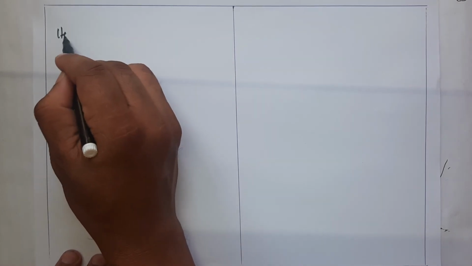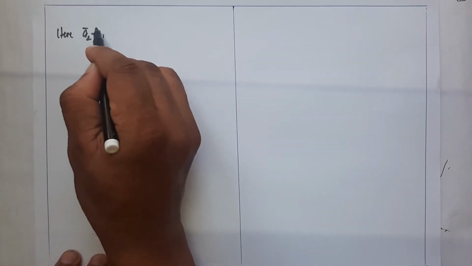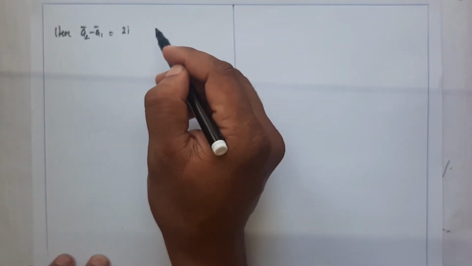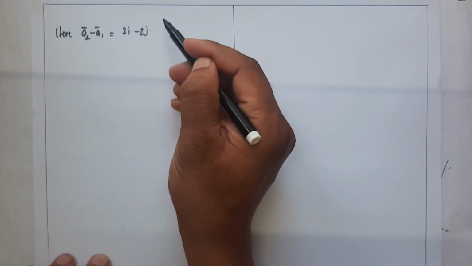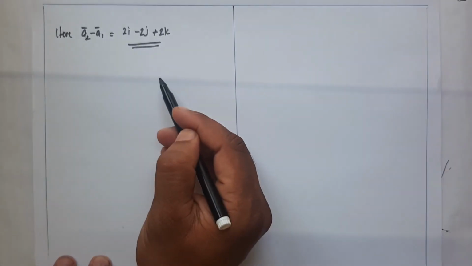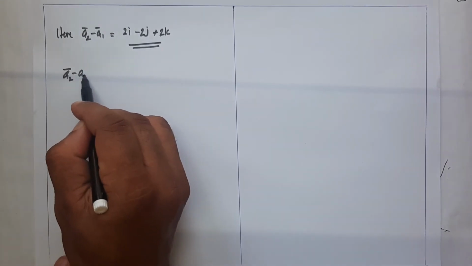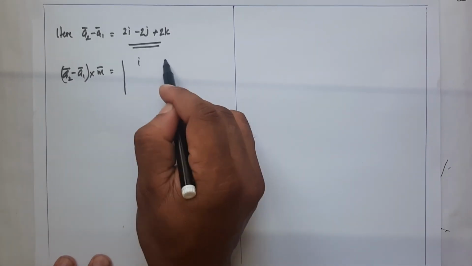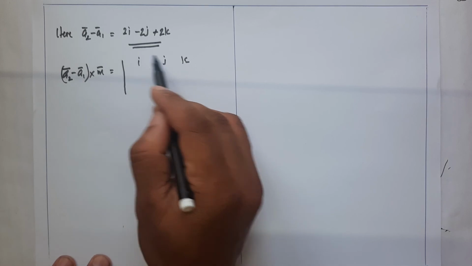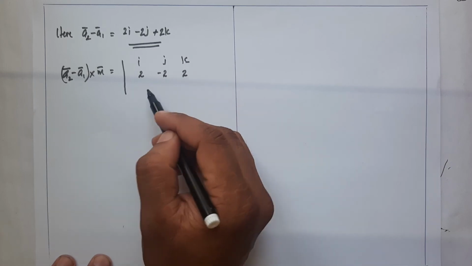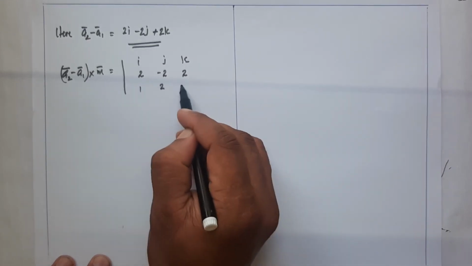Now we find a2 − a1, which is 5i − 3i = 2i, 0j − 2j = −2j, and −2k − (−4k) = +2k. Now we find (a2 − a1) cross m, the determinant of i, j, k, with a2 − a1 coefficients 2, −2, 2 and m coefficients 1, 2, 2.